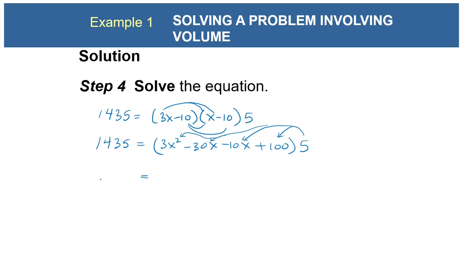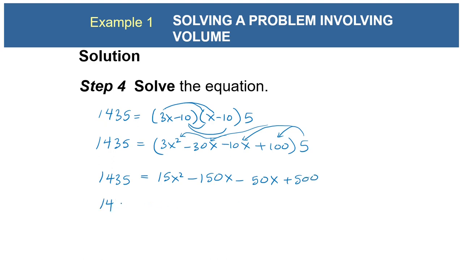So we have 1,435 equals 15x squared minus 150x minus 50x plus 500. Let's collect like terms.